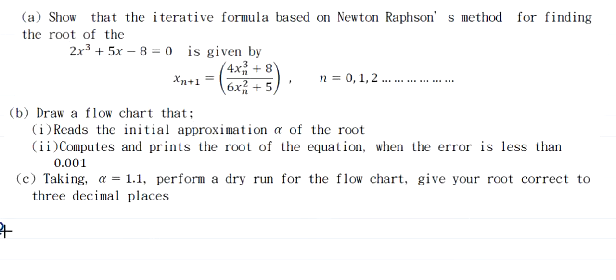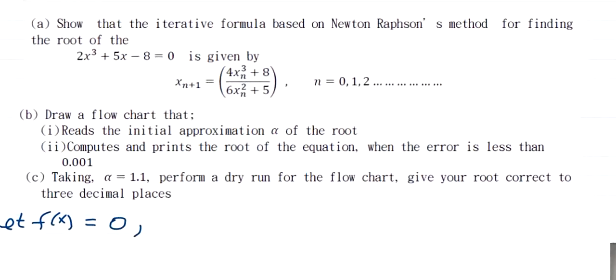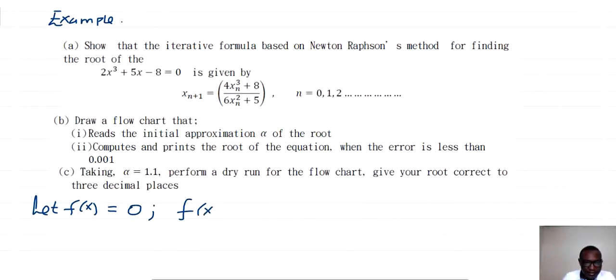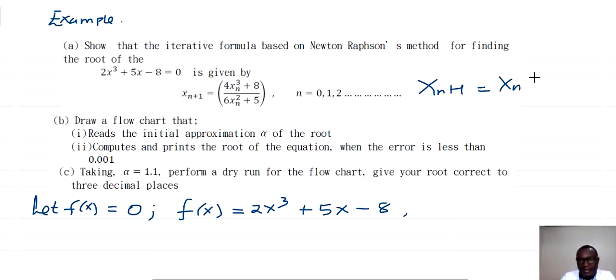So we'll let f(x) be equal to 0, such that f(x) is equal to this function, because this function is also equal to 0: 2x^3 + 5x - 8. Then Newton-Raphson's formula is x_{n+1} equal to x_n minus f(x_n) divided by f'(x_n).